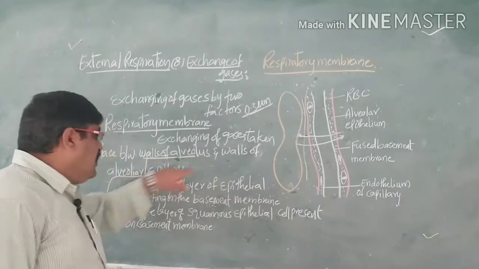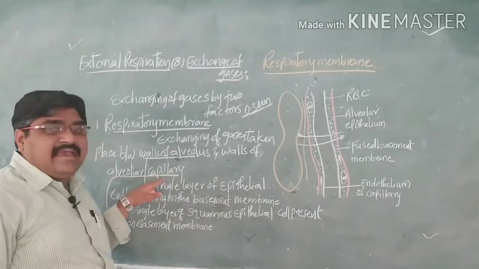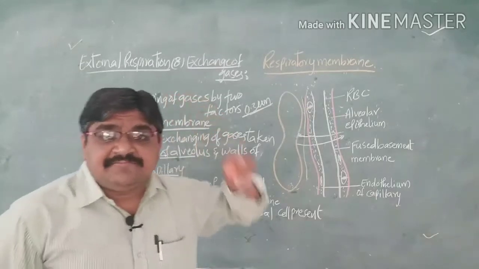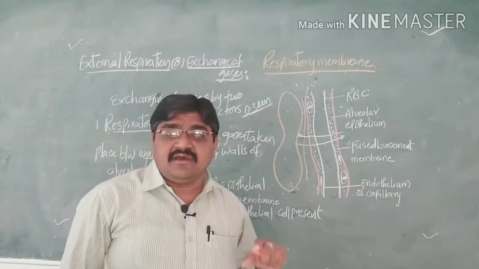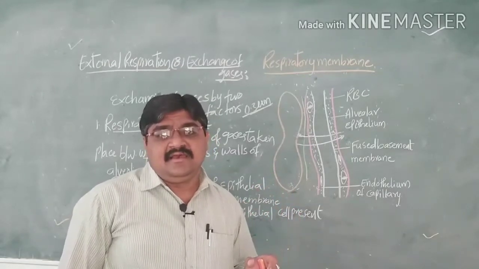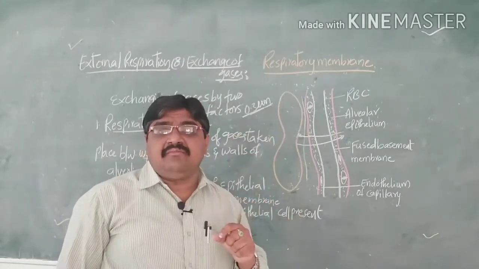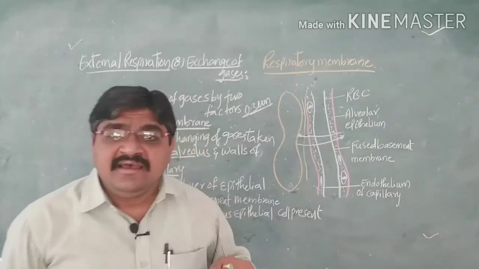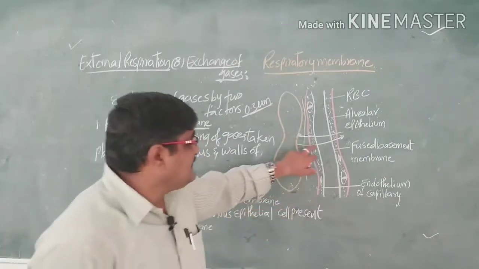Between the walls of the alveolus and the walls of the alveolar capillaries, a respiratory membrane is present, where both are made up of a single layer of epithelial cells. In between is the respiratory membrane, which helps in the exchange of gases.